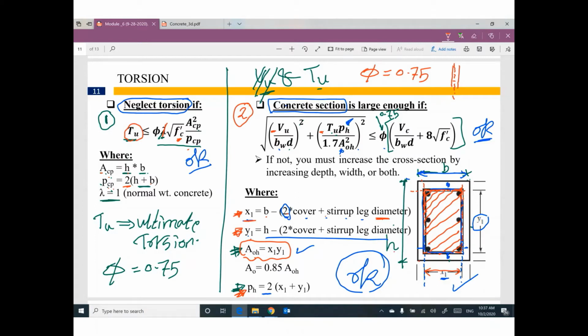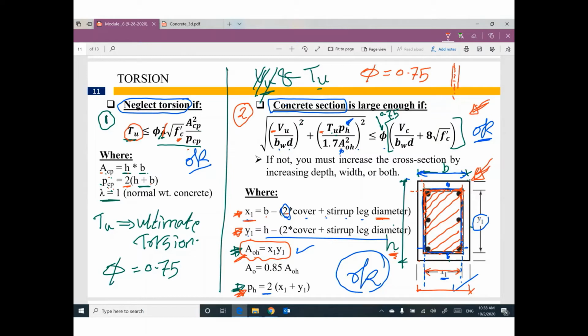So I can figure out this expression and this expression to check. You have to be sure this relationship is valid. If this one is not valid, that means the cross section as a concrete is not enough. You have to increase the dimension. Probably you increase the width or probably you increase the overall depth.